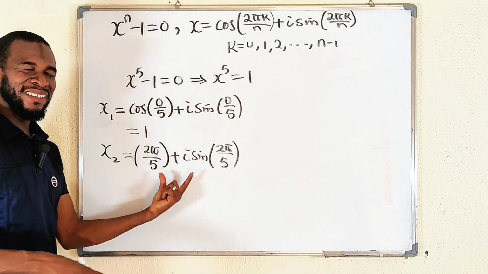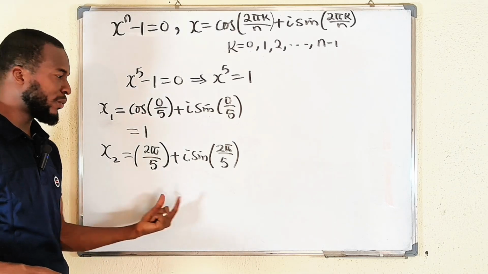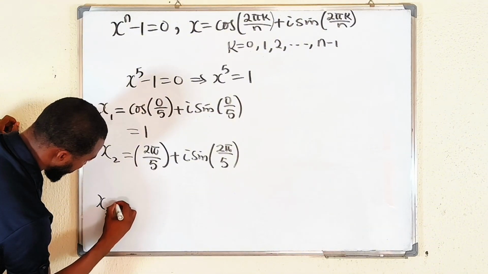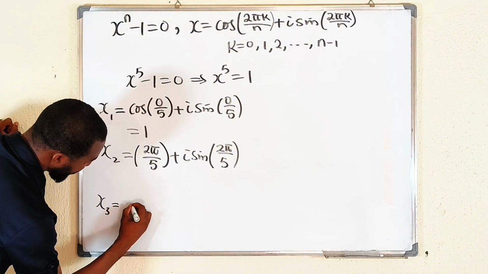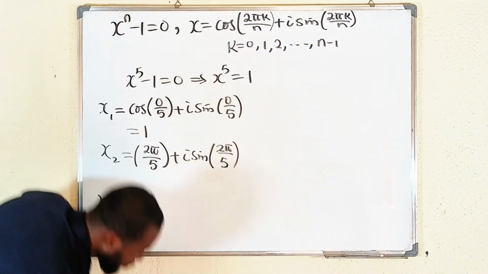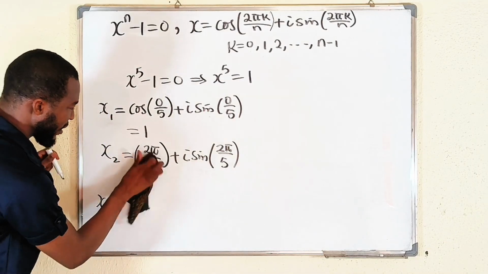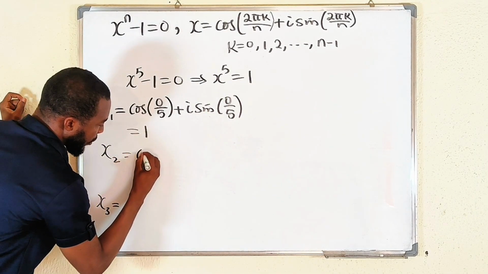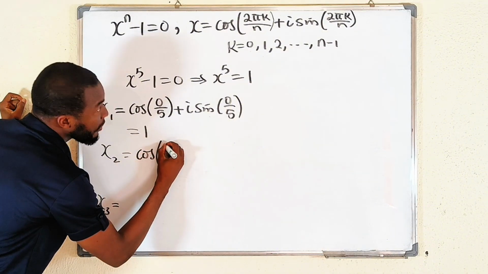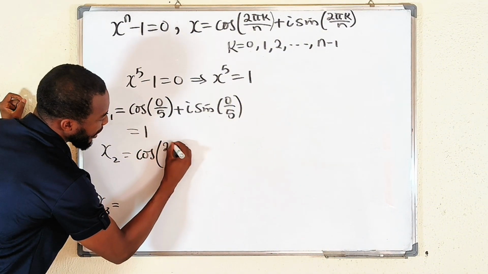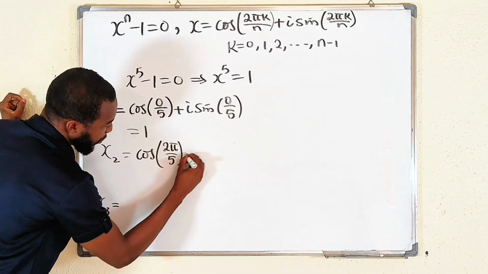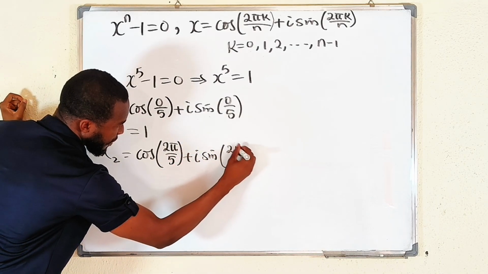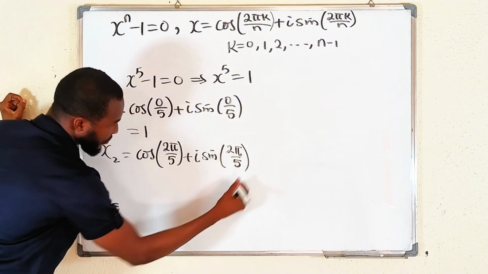Let's use a calculator, but this is not going to give us an exact solution, so let me skip it for now. Let's go to x2, which should be cosine of 2 pi divided by 5 plus I sine of 2 pi divided by 5.